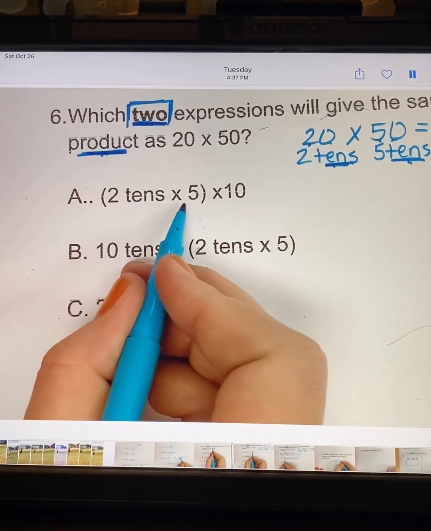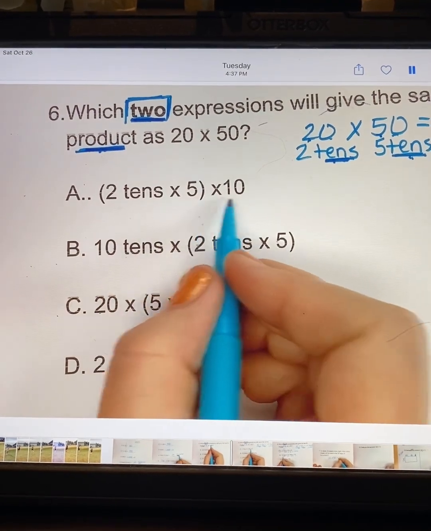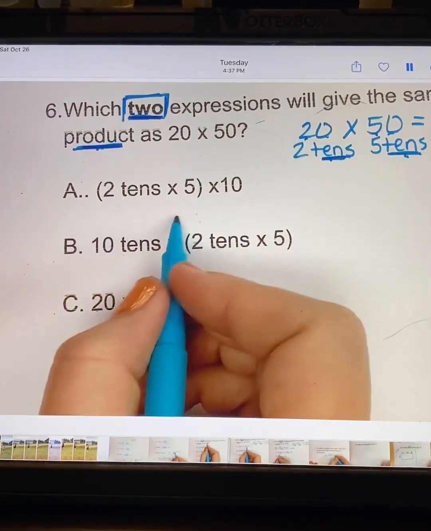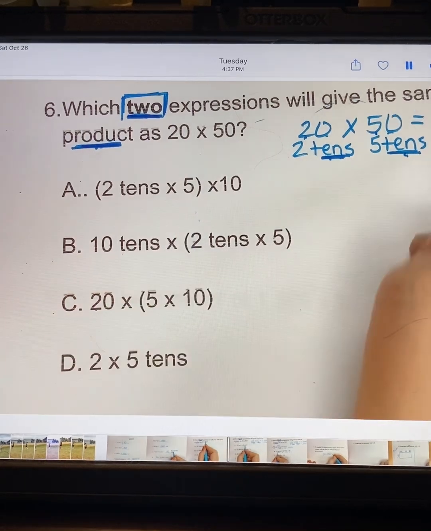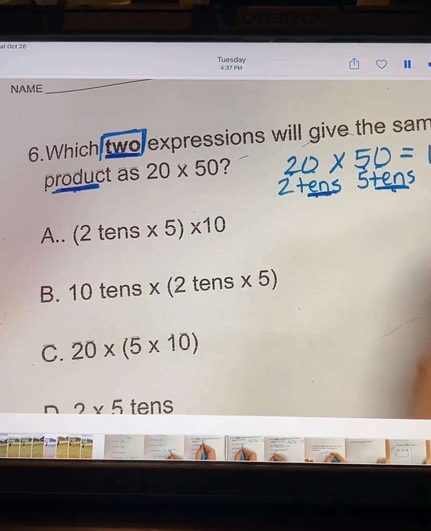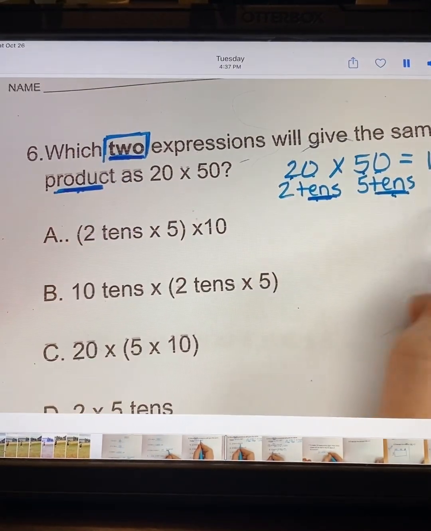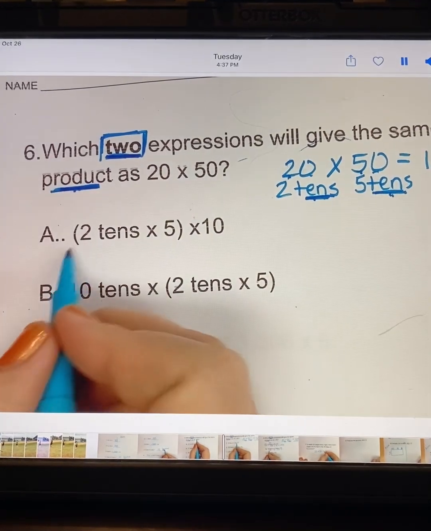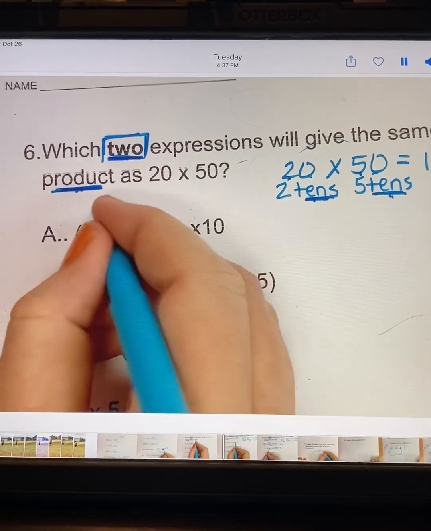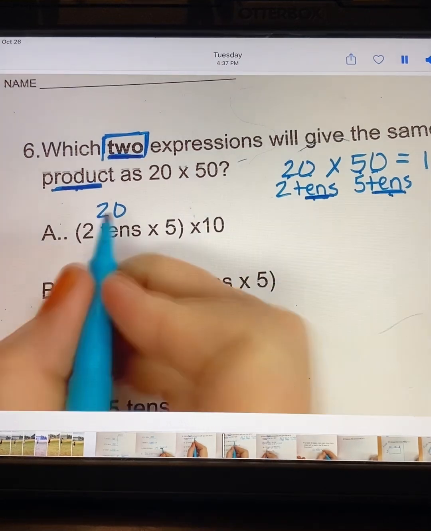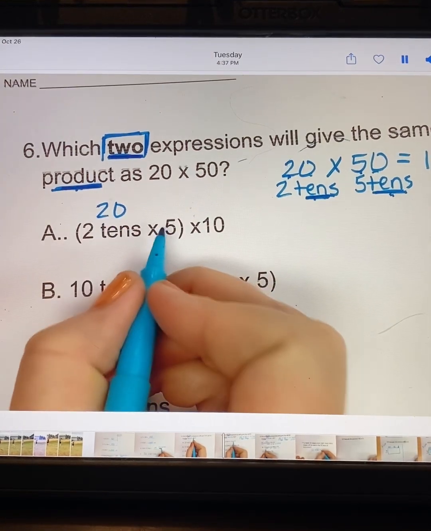2 tens times 5 times 10. So here we're going to do what's in parentheses first, and we want to get 1,000. We're looking for 2 expressions that will give us 1,000. Okay, so here, 2 tens is the same thing as 20. Then we have 20 times 5.